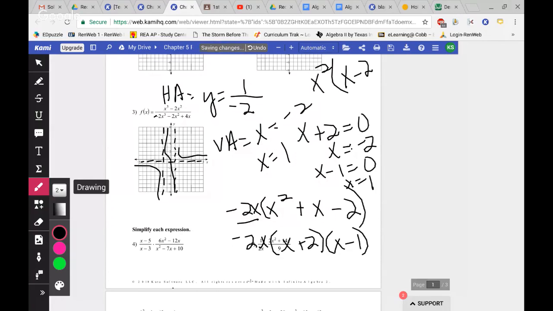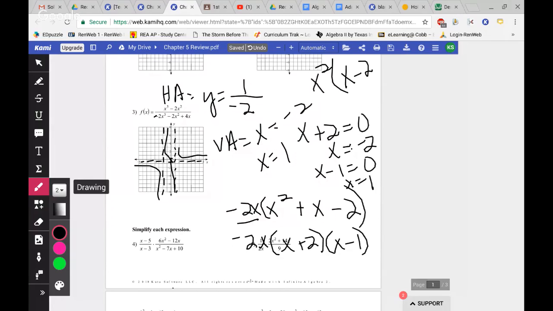So one of these x's cancels, and that is at 0. And that's going to be a hole in the graph. But you won't have to know that for tomorrow. I'm just trying to introduce that concept to you so it's not completely foreign next year when you're in pre-calc. But that's what that graph looks like.